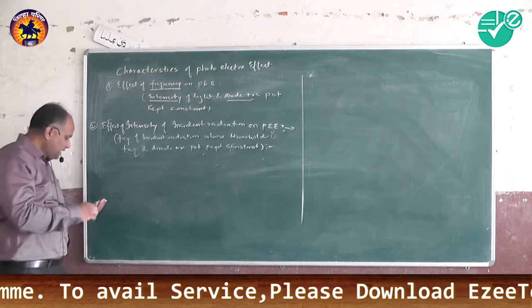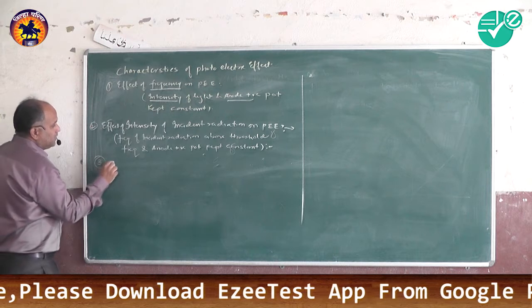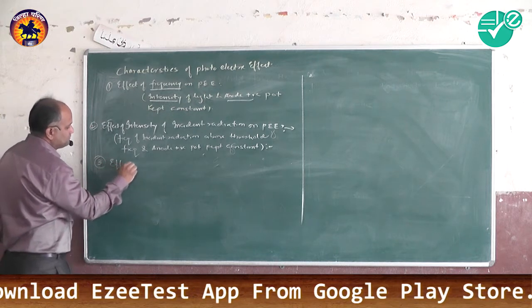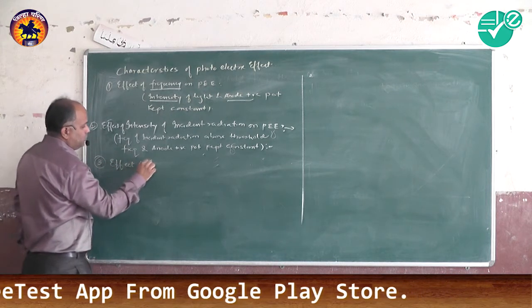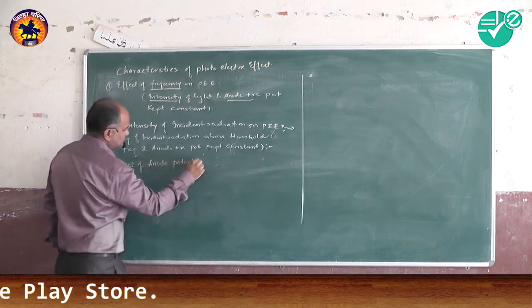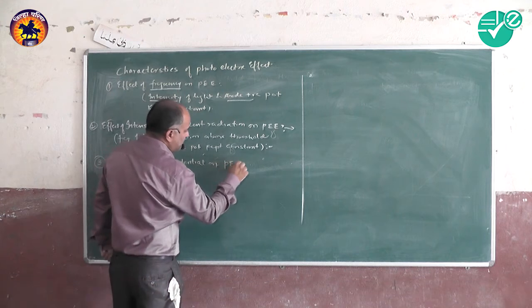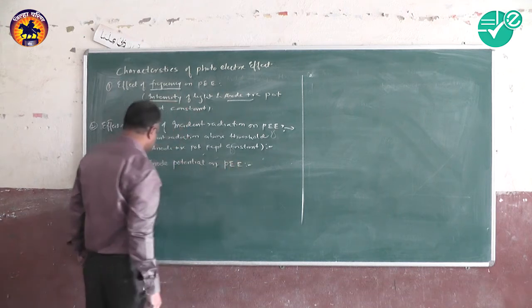Now the third characteristic that we have to see is the effect of anode potential on the photoelectric current or photoelectric effect.